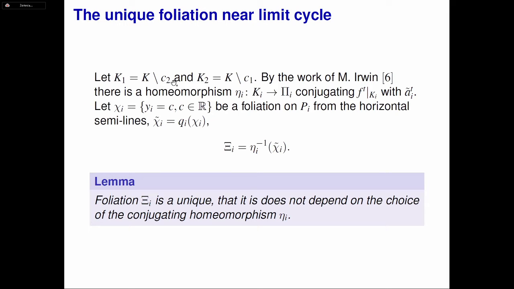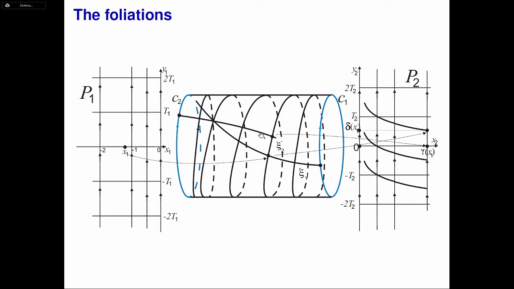And the first result is that there is a unique foliation, unique up to topological conjugacy, near limit cycles.